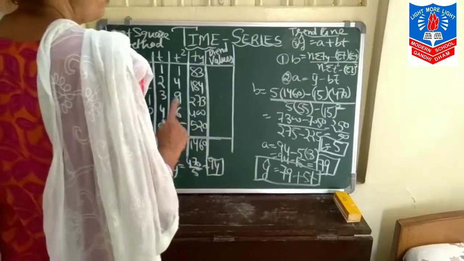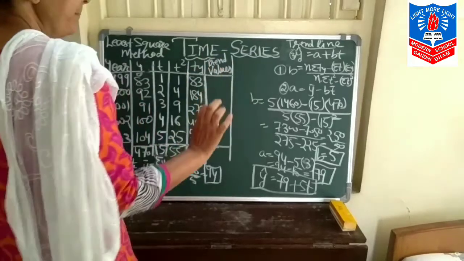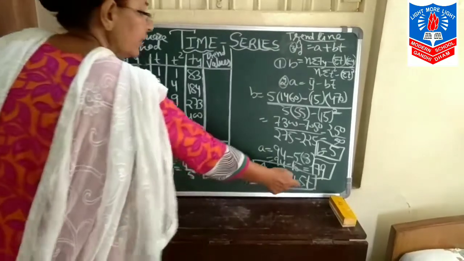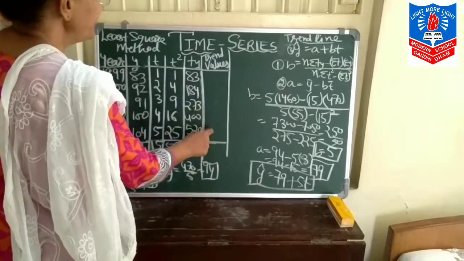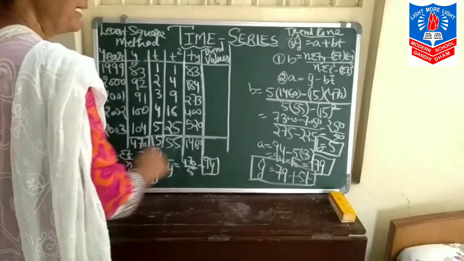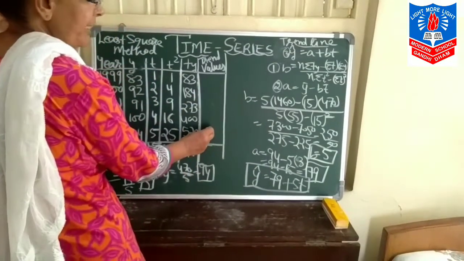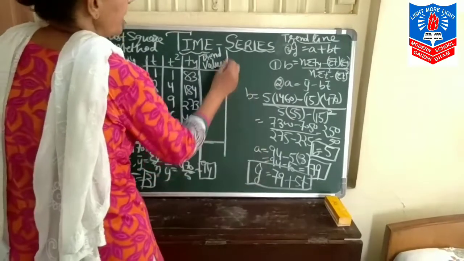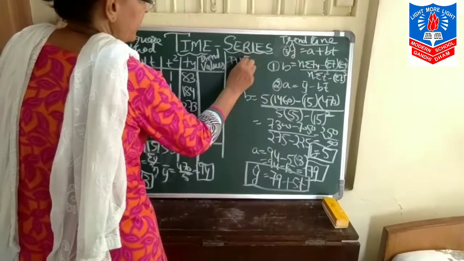Now next, what we are supposed to find is trend values. It's very simple. Trend values come from this trend line only, where t is there. Now this t value, individually of each year, 1, 2, 3, 4, 5, these values we put in this trend line and we find trend values. In this, no need of showing the calculation here. Simply we write the value. Like here you can see, I am simply showing how it is. See, it is 79 plus 5t.